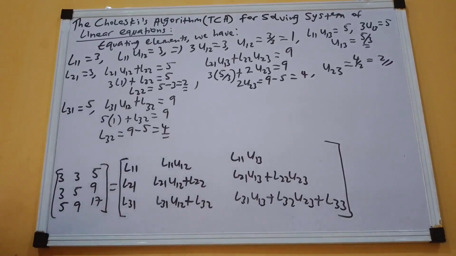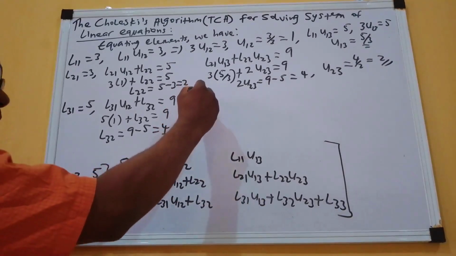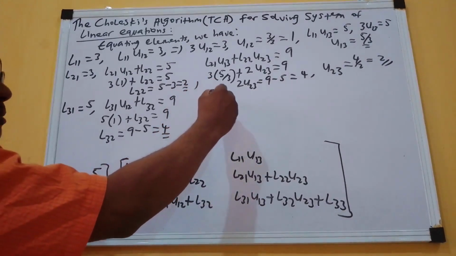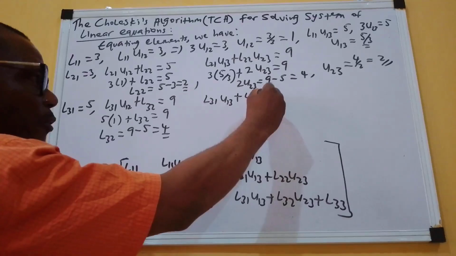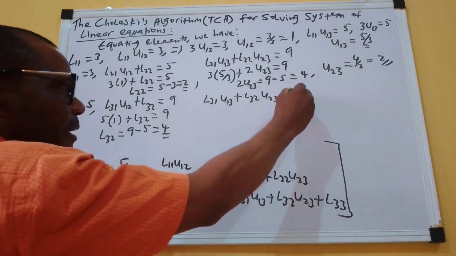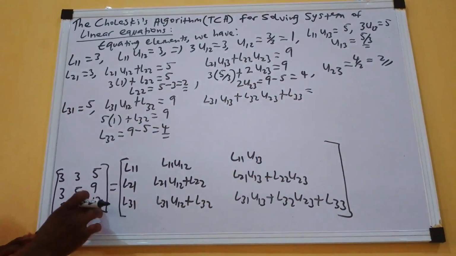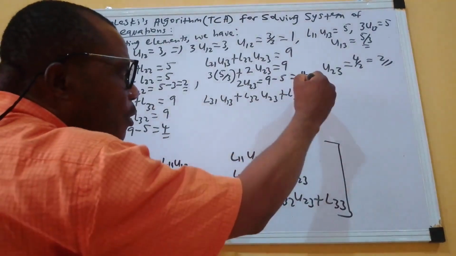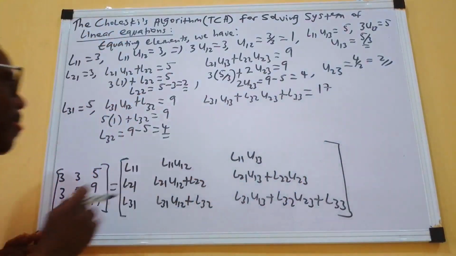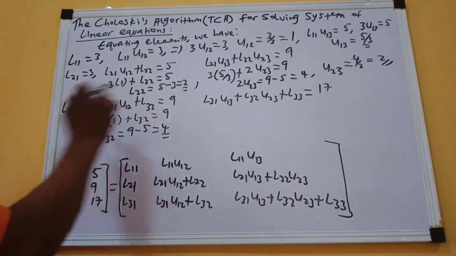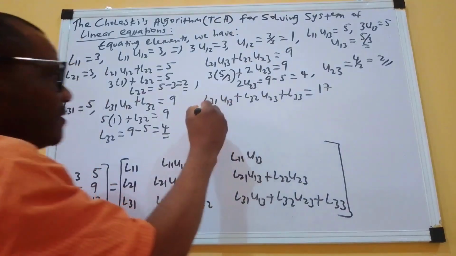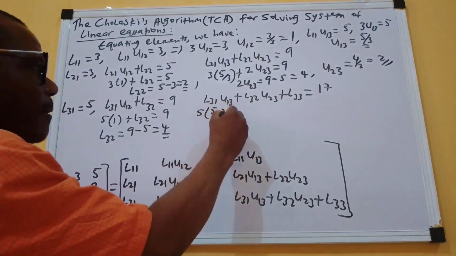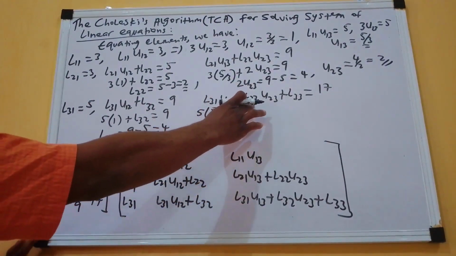Then from here, this last one, we have our L31 U13 plus L32 U23 plus L33, and this is equal to 17. Now what is our L31? Our L31 is 5. What is our U13? Our U13 is 5 over 3, plus what is our L32?